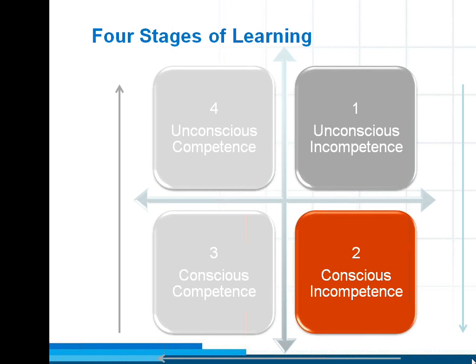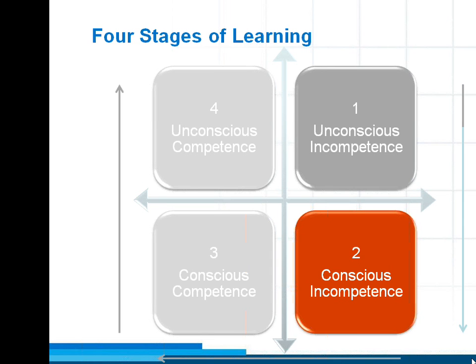So you become conscious of your incompetence, and then you know what the gaps in your learning are, or what it is that you're lacking in terms of competence. So moving from stage 1 to stage 2 is a difficult process. Unless you are ready to become self-aware and conscious of your incompetence, you will not move.